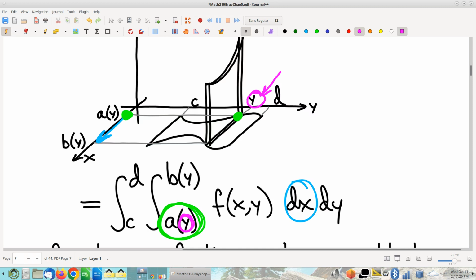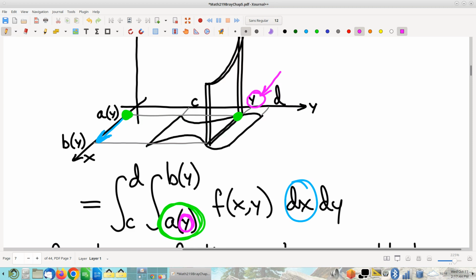So I appeal to your geometric intuition here, and looking at my weird shape, this starting edge, you might call it, is a curve. For this value of y, I get a certain value of x to be my starting value for my x integral.